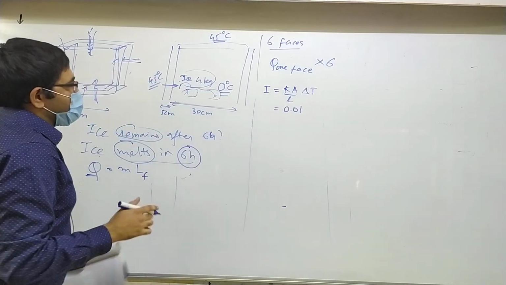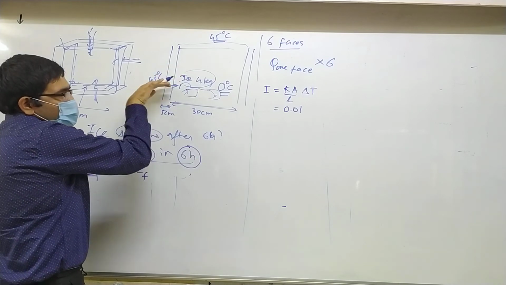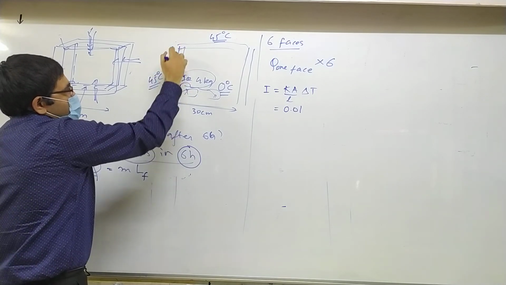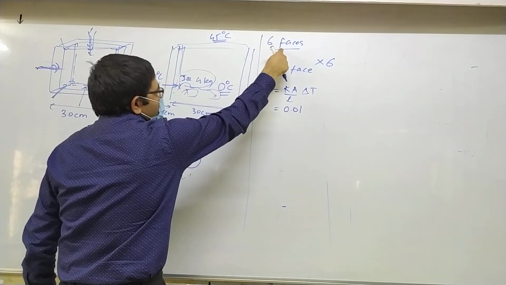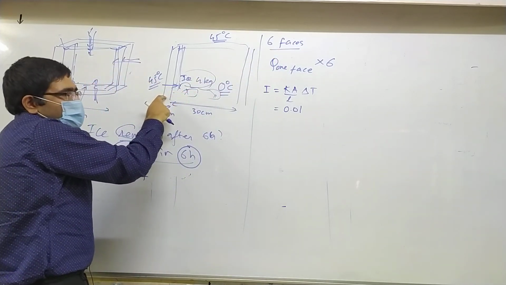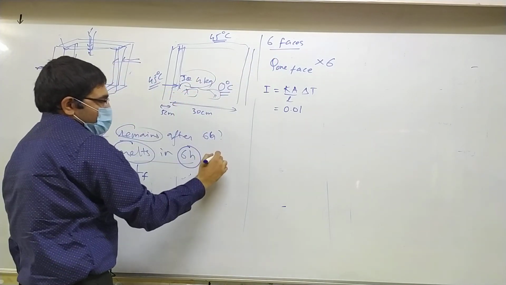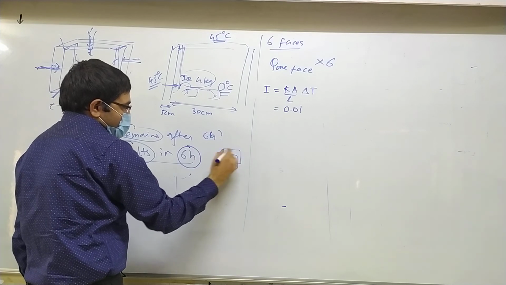Now what about area? Again, it's like a wall, so here you are seeing this face area. Remember, this is the face area of a cuboid, with L on each side, isn't it?